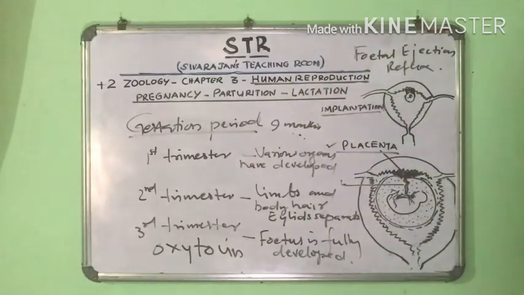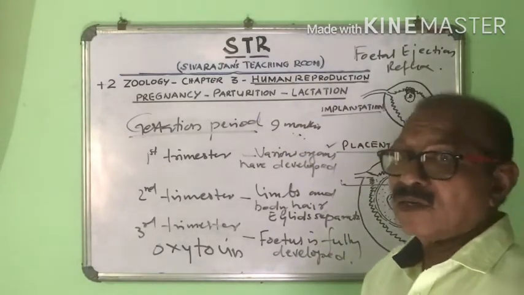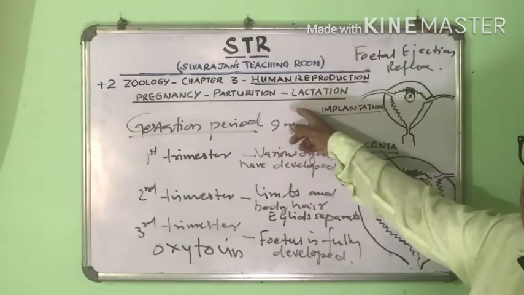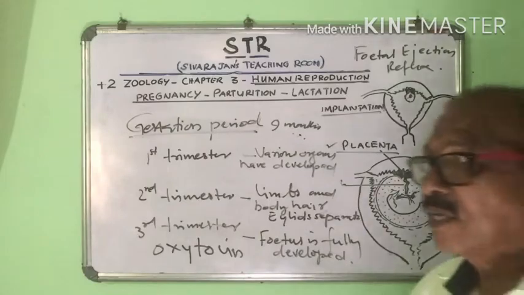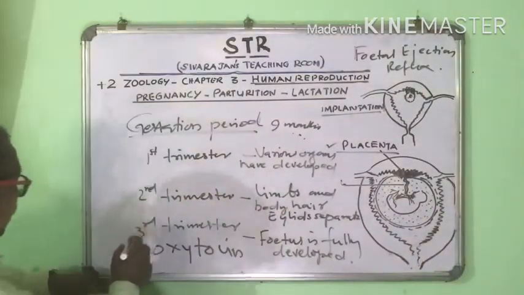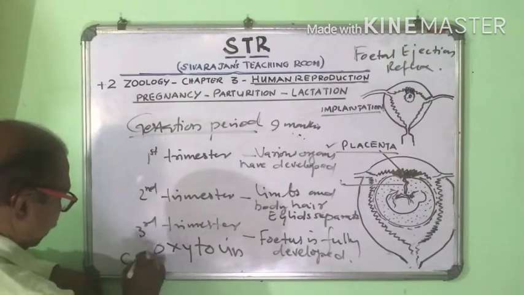The mammary glands undergo changes in their structure and function, and they produce milk. The first milk is called colostrum.